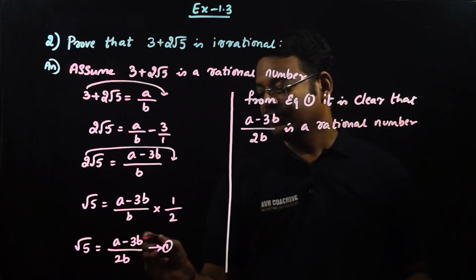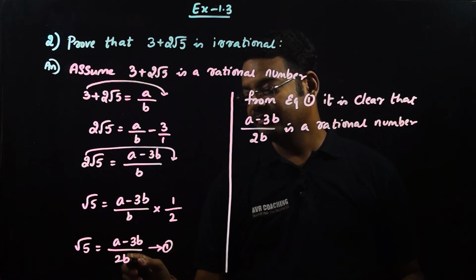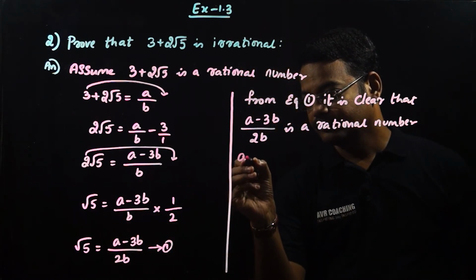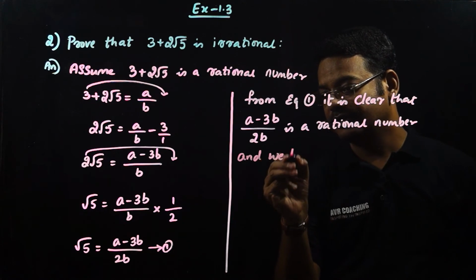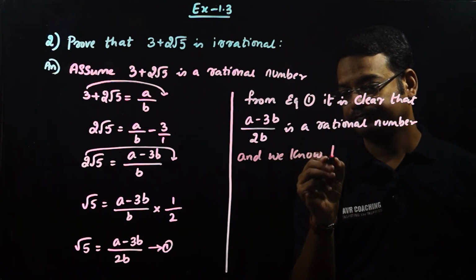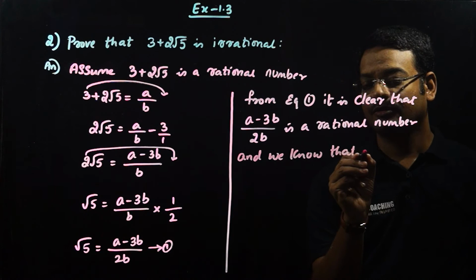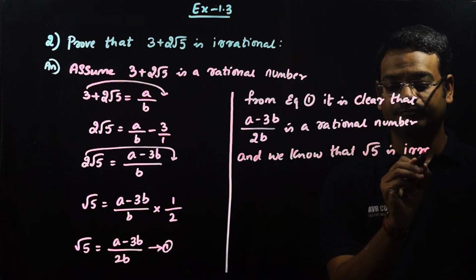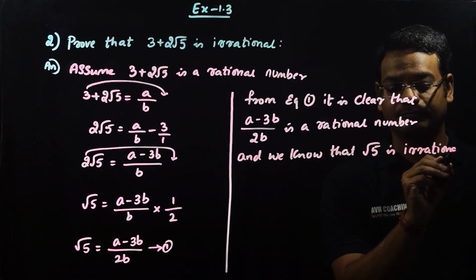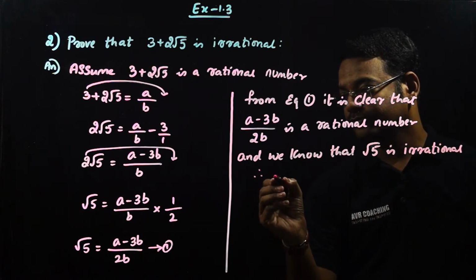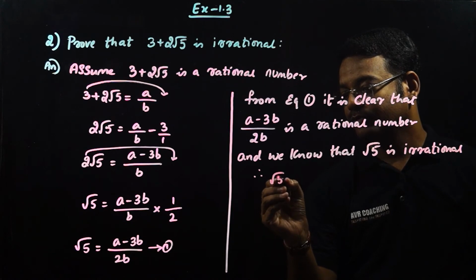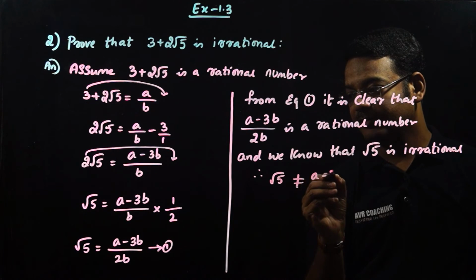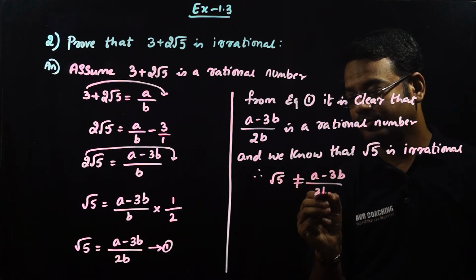Okay, but here in equation 1 we got (a minus 3b) by 2b equal to root 5, and we know that root 5 is irrational. Therefore, root 5 cannot be equal to (a minus 3b) by 2b.